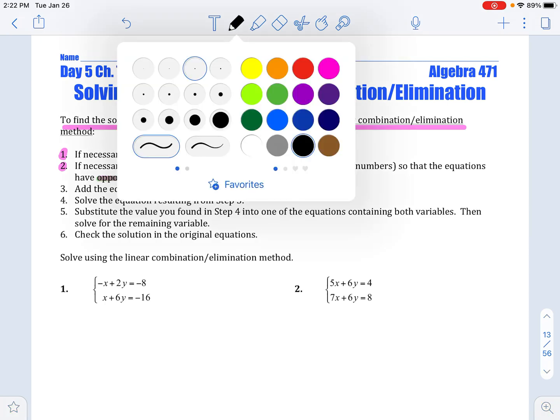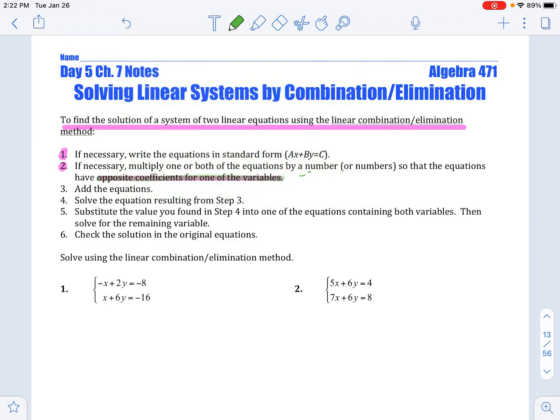Our goal is to get something where we have like a negative 3x plus a positive 3x when we take a combination of those, because we know those are going to result in 0x, and 0 times anything is 0, which would eliminate that variable. If I had a positive 5x, I would work to get a negative 5x in the other equation.